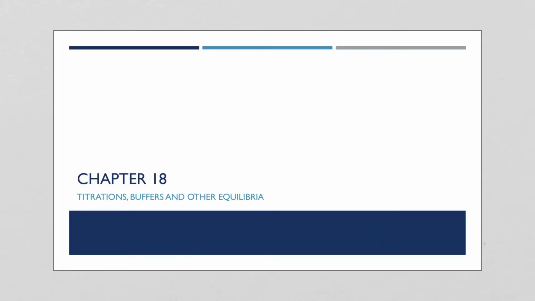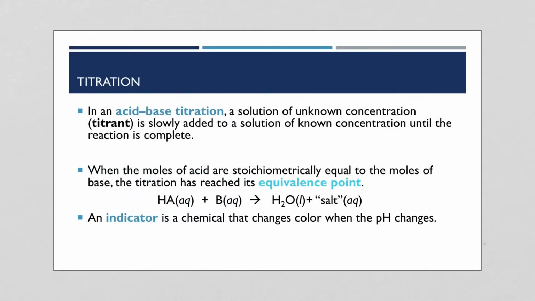So let's jump right in here and talk about what we did in lab, which was do a titration. A titration can look for a lot of different things, but probably the most common form of titration is an acid-base titration.